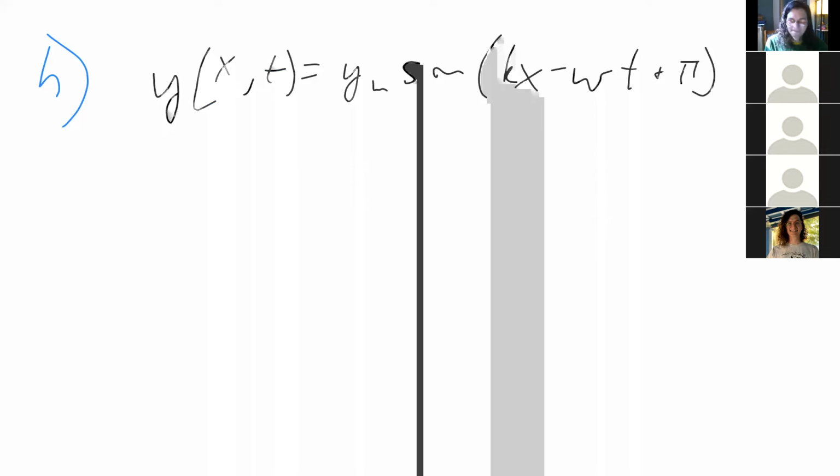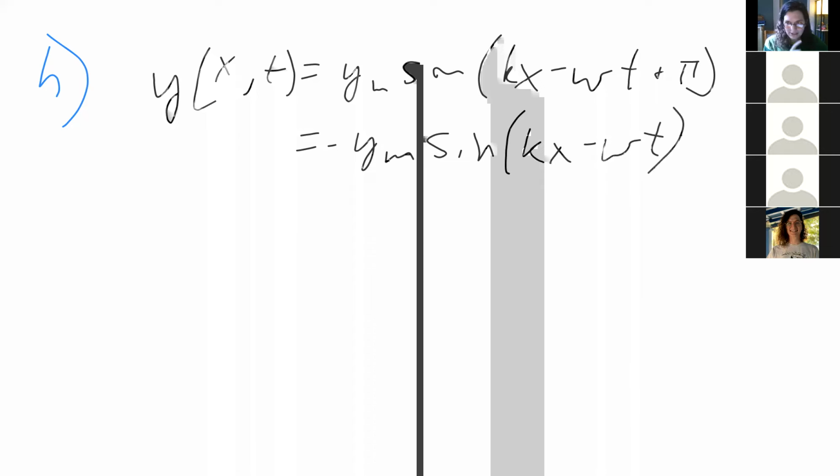We could also use our trig rule with the plus pi inside to make this negative y max sine of kx minus omega t. And then we'll go ahead and differentiate this.